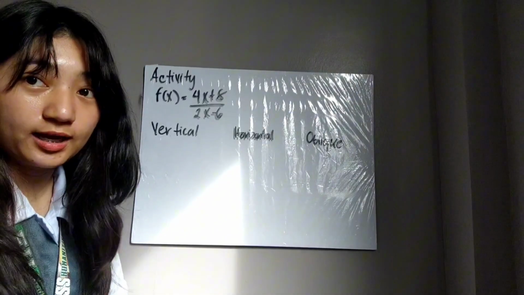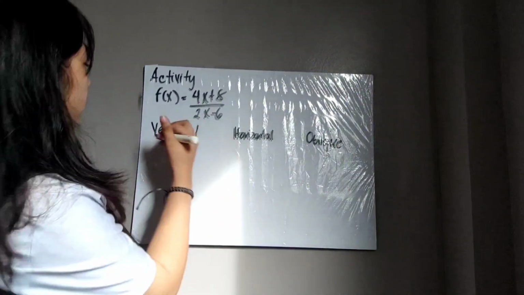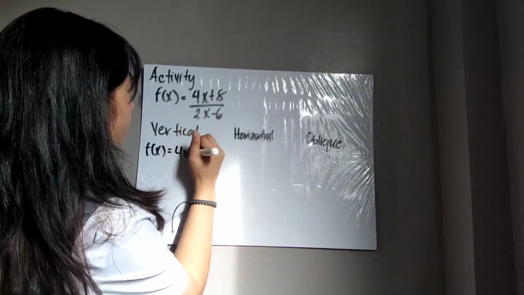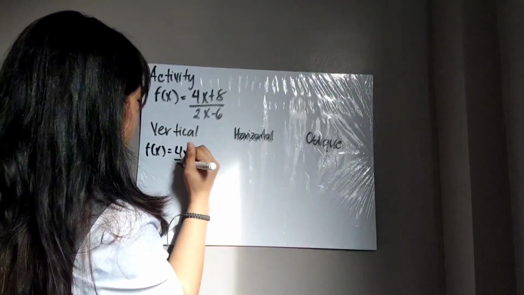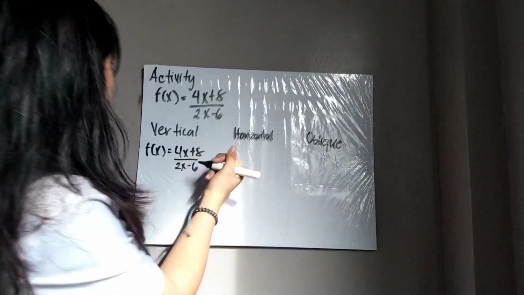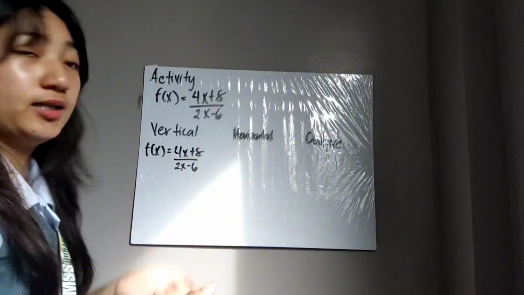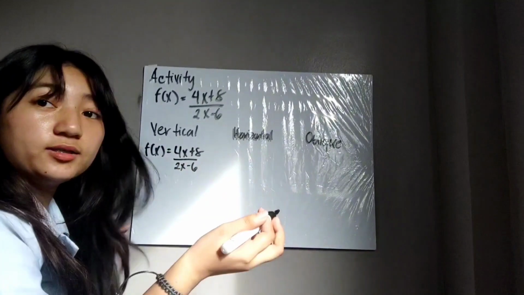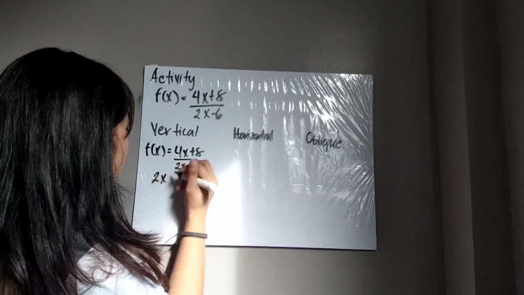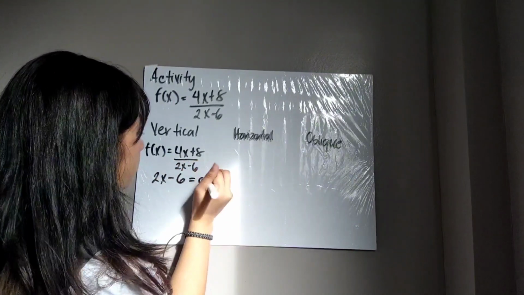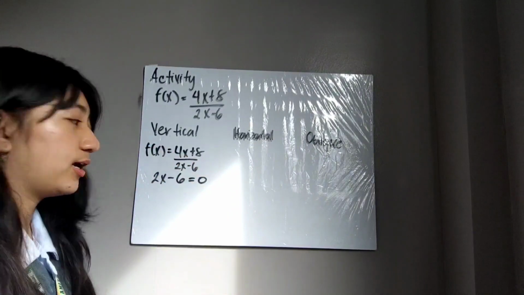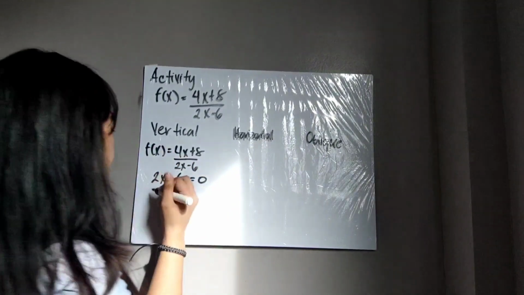Solve natin yung vertical. If tama nga po yung nasagot nyo, copy natin. Again, vertical is denominator yung niya. So, 2x minus 6 is equal to 0. And lilipat natin si negative 6 para matira si 2x.